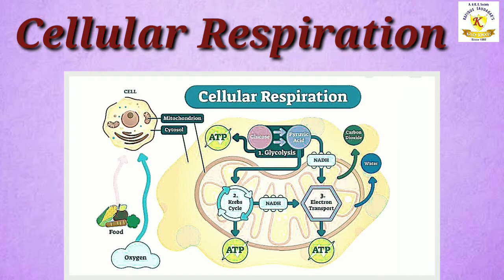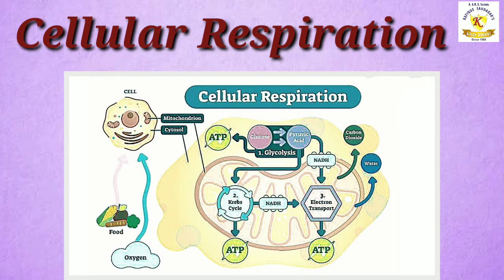Now dissolved nutrients like glucose are slowly burnt, that is oxidized, with the help of oxygen, and energy is released in the form of ATP. Waste materials like carbon dioxide and water vapors are produced during this process.